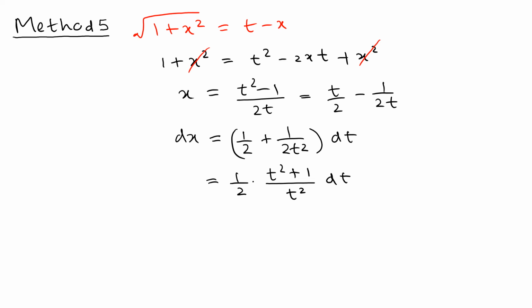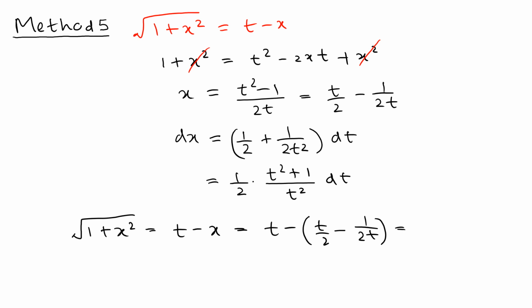And the only thing that we have left is to simplify the square root of 1 plus x squared in the integral. So this is t minus x, and if you substitute, t minus x means t over 2 plus 1 over 2t, and you can see that this simplifies to t over 2 plus 1 over 2t.